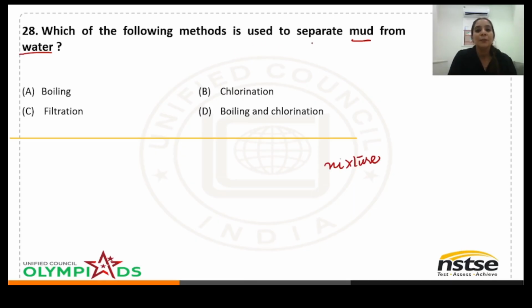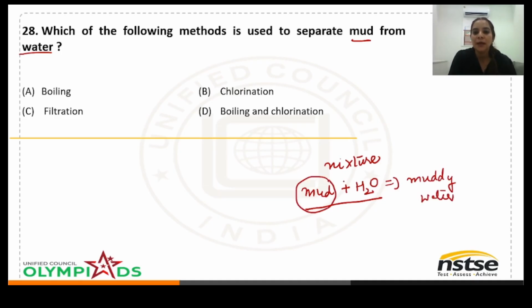Now, to separate mud and water, here we are making a mixture where we are adding mud to water. So mud added to water will give you a muddy water mixture. Now if you wish to separate mud from water, can you? Yes, we can. The reason being that mud is not soluble in water.